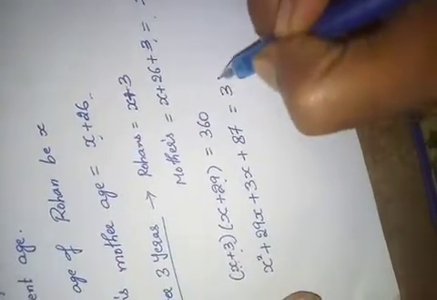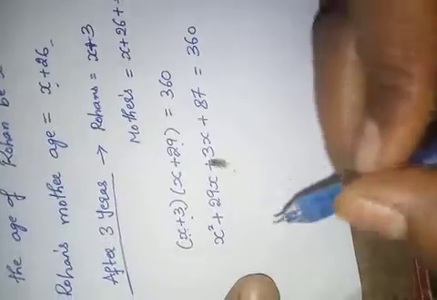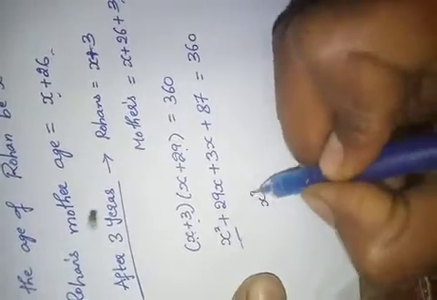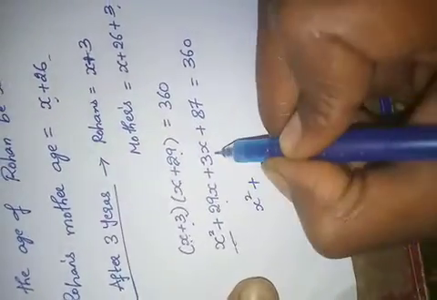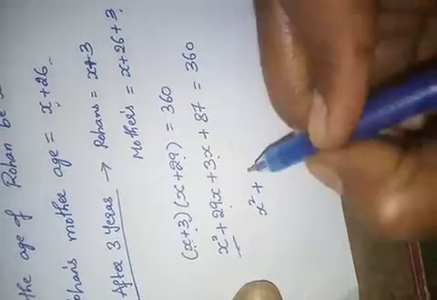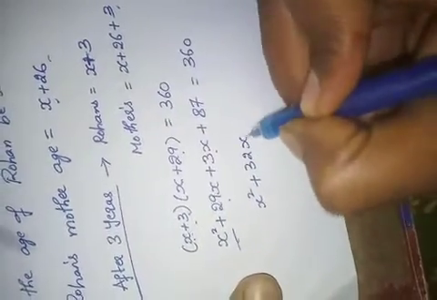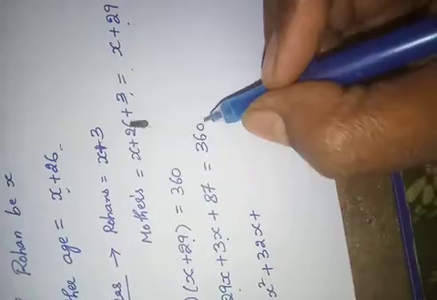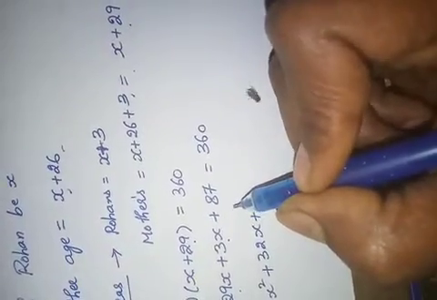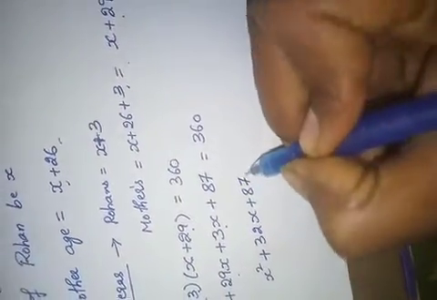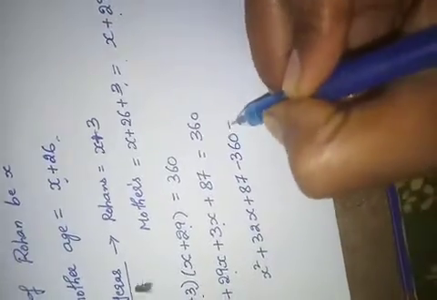Equals 360. We have to write in the equation form now. See here, x square plus 29 plus 3, 30, 31, 32, 32x plus 87. Here I am sending this 360 to this side. It will become minus 360, no? Minus 360 equals 0.